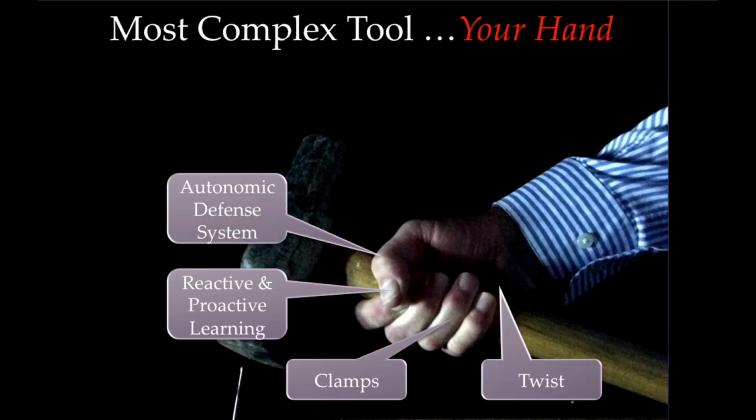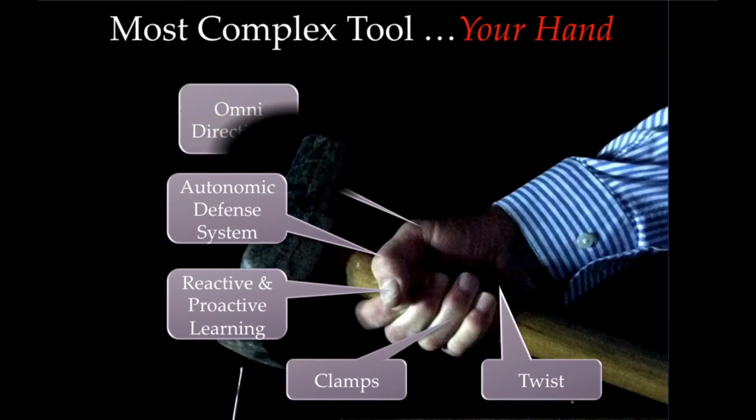It has an automatic defense system. If you clip a hand, it'll be automatic for you to pull back, which means if I'm on a table saw and I clip a finger or I nick something, I'll go, ouch, and pull back. At that moment, that board is completely out of control. It is omnidirectional.